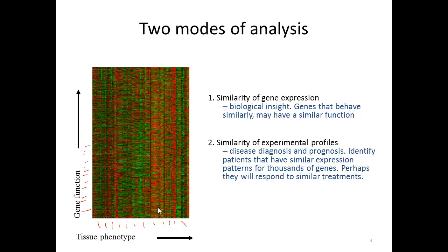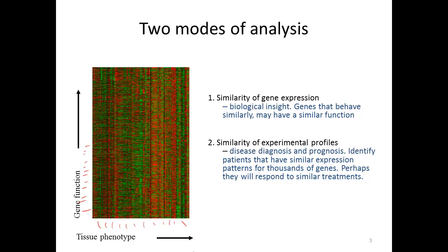When the value is above a median value, that number will be represented by a red spot. If it is below the median, it will be represented by a green spot, and in this case, black spots are values that are close to the median. So you can see, for instance, in this condition, a bit of a red stripe. So in general, gene expression levels are higher in this condition than others.